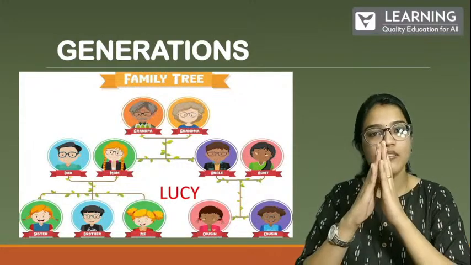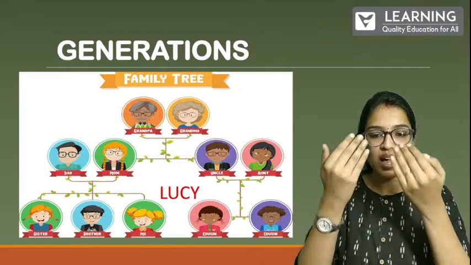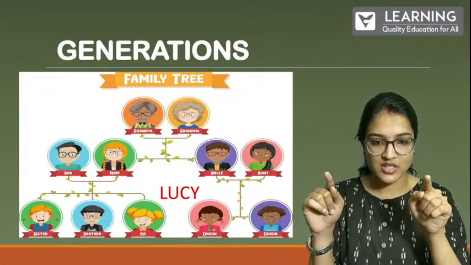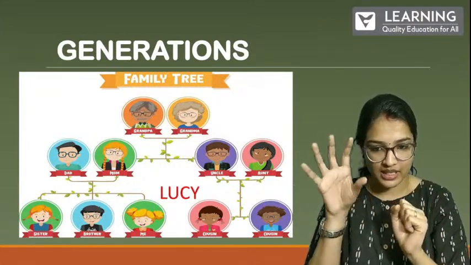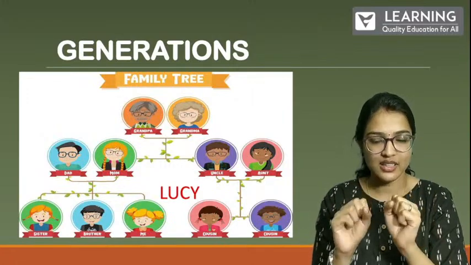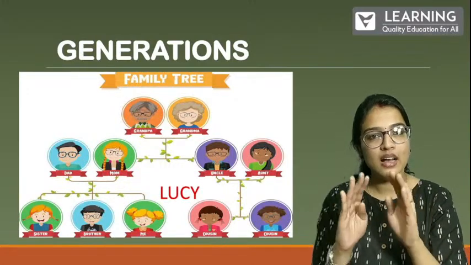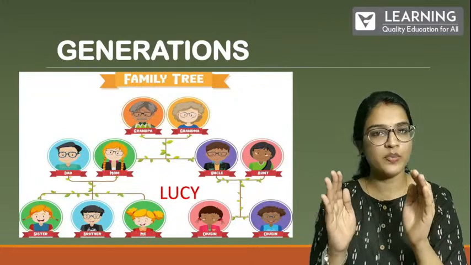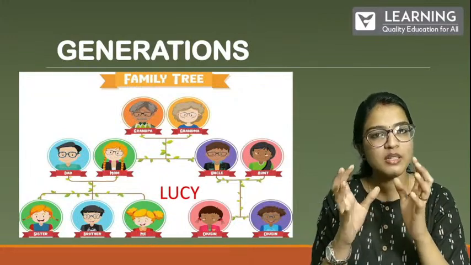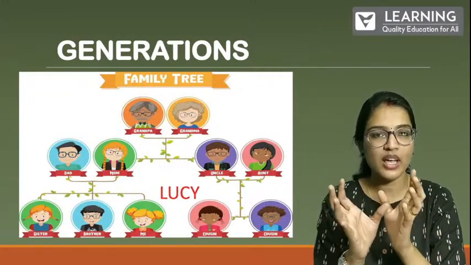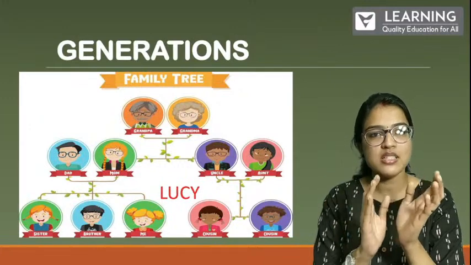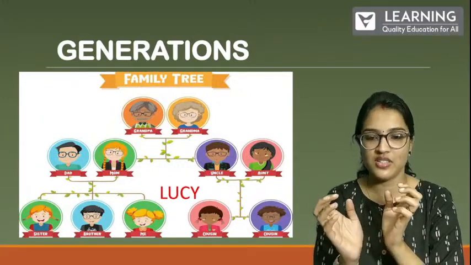So they form the first generation. After that, there is a branch, right? Two families are coming, dad and mom, uncle and aunt. These four people are around the same age group, right? Not exactly, but the same age group. That means they will be of the same generation.